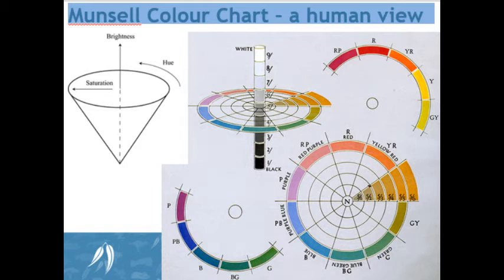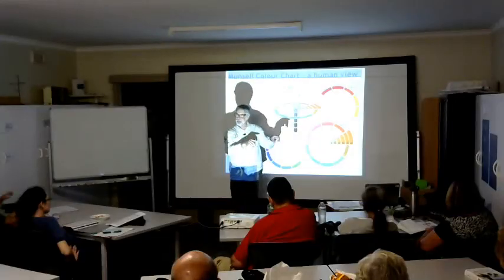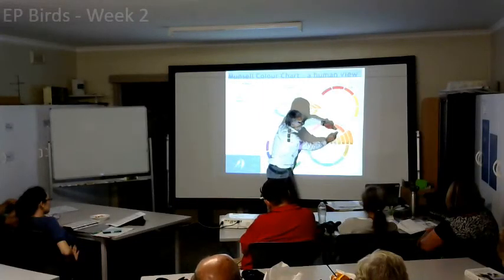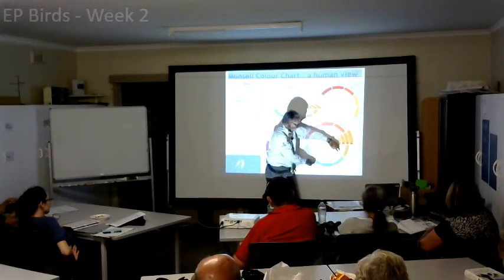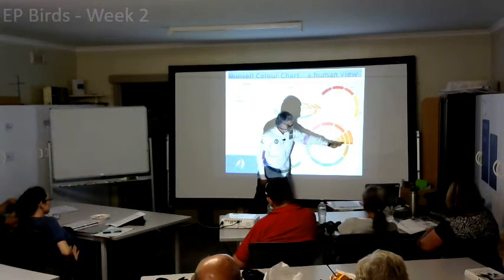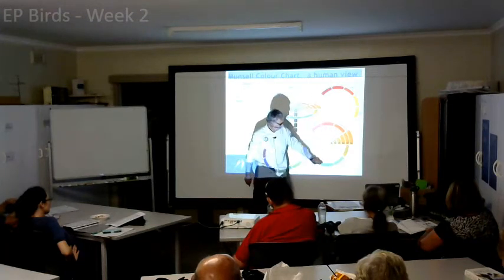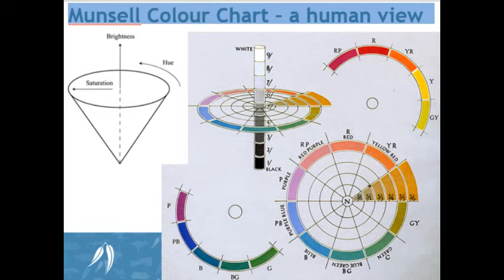So here they are here, red, yellow, and blue. Okay? And then we take our primary colours and we start mixing them, and we get the other colours in between. So as we go around the wheel, we're mixing the primary colours to make these other ones. If we're taking yellow and blue, if we get them in about equal amounts, then we get green. Remember all that from your art?